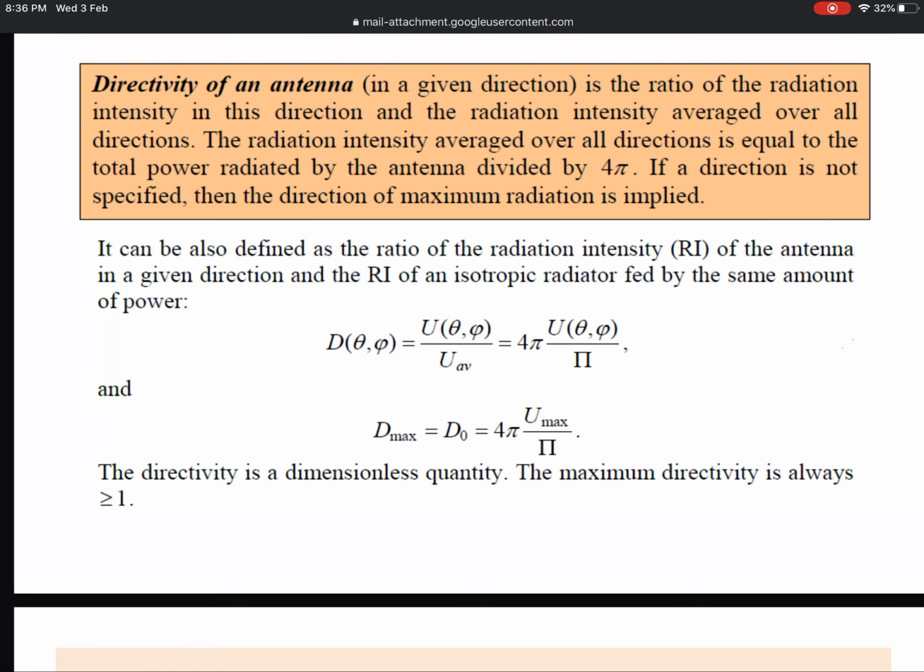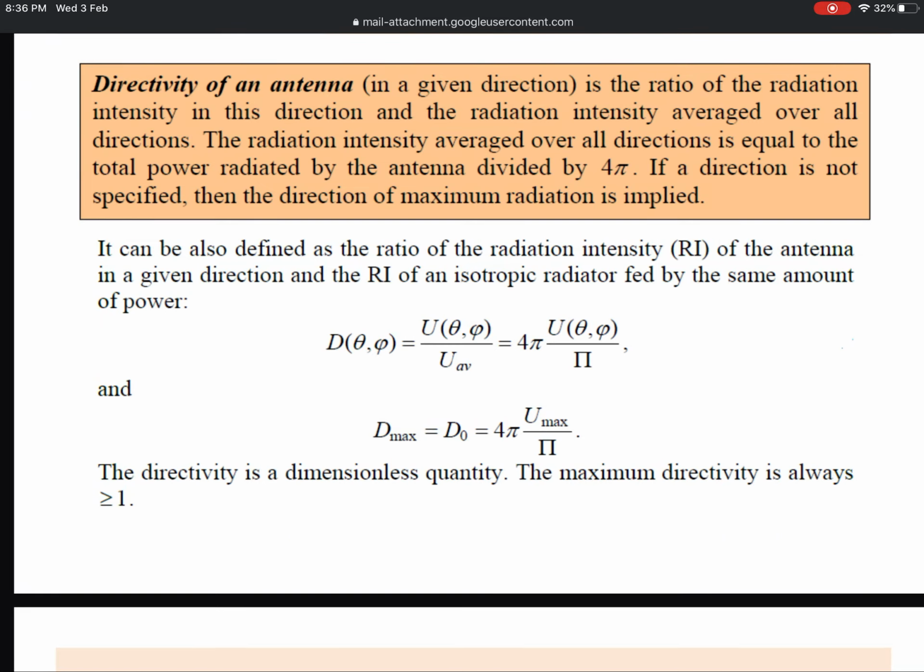Because U average is basically P rad by 4 pi, that is, the radiation intensity averaged over all directions, equal to the total radiated power of the antenna divided by 4 pi.